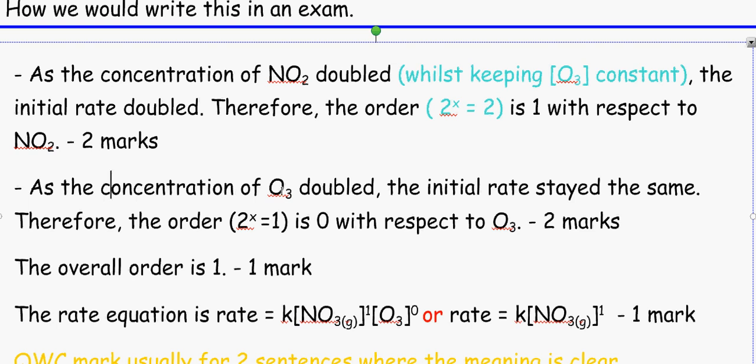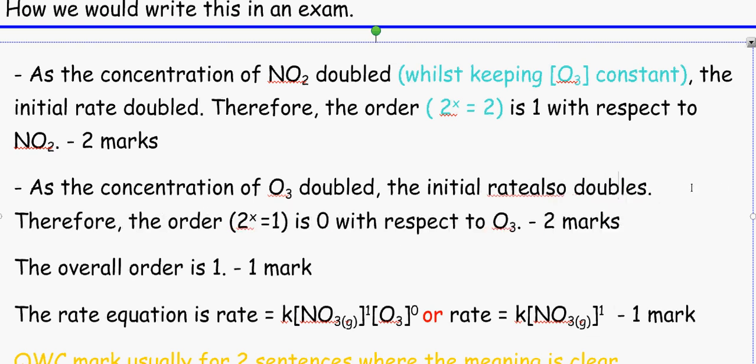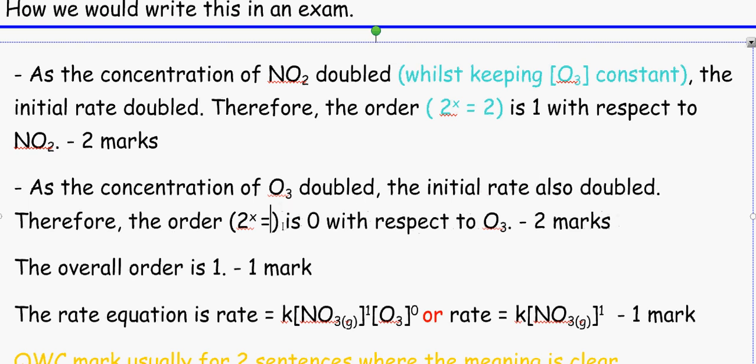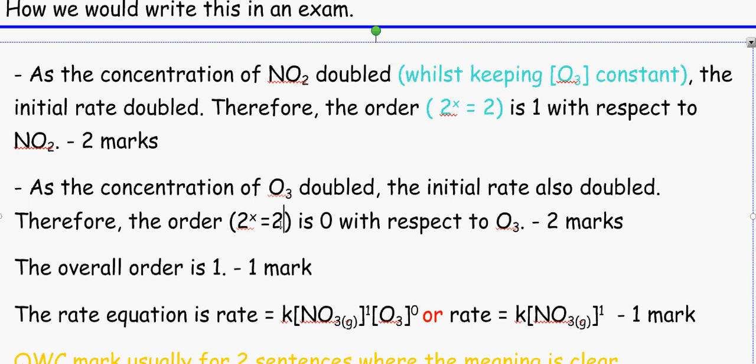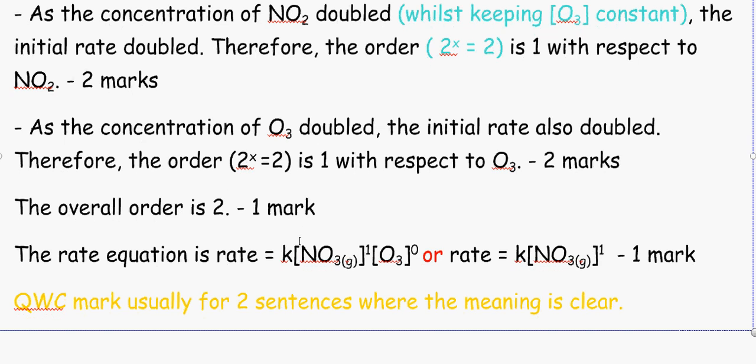As the concentration of O3 doubled, the initial rate also doubled. Therefore, the order, if we solve this, is 1 with respect to O3. Therefore, the overall order is 1 plus 1, which makes 2.